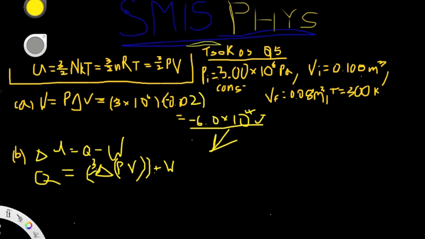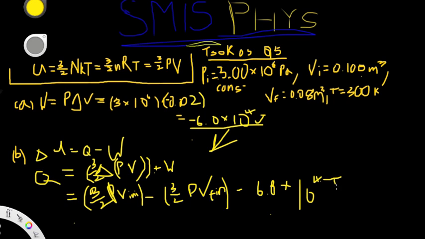Like the formula states, 3/2. And that ultimately leaves us with, by plugging the numbers, negative 1.5 times 10 to the 5th joules.